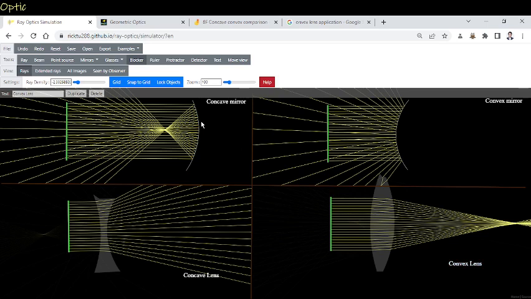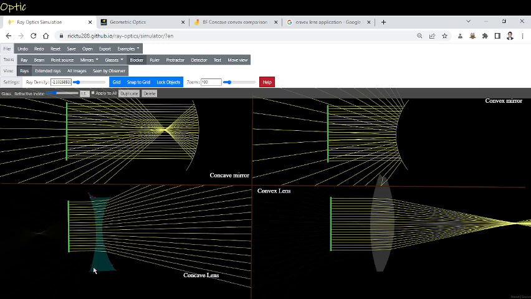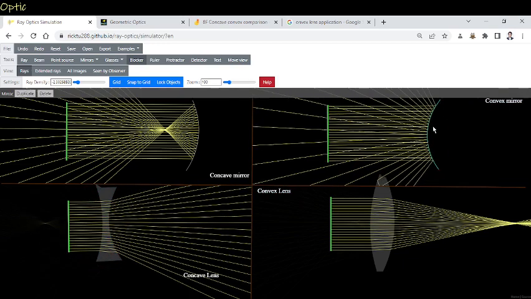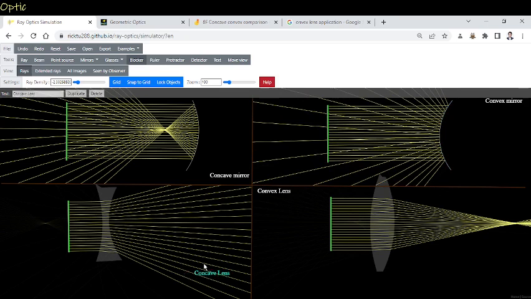That's why the ray diagram, how the image will be created in a concave mirror, will be similar to the convex lens. In the concave lens, we can see that the light spreads out, the same thing for the convex mirror. That's why for the concave lens and convex mirror, the image characteristic will also be similar.